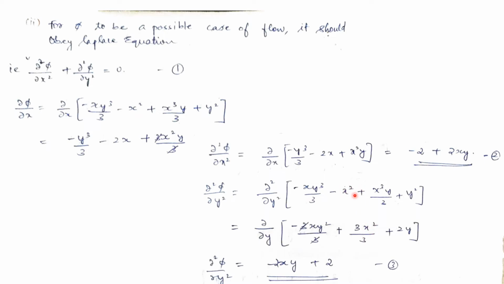The differential of the next term is 0 because we are not having a y term. For x cube y by 3, the differential with respect to y is x cube by 3, and the differential of y square would be 2y.